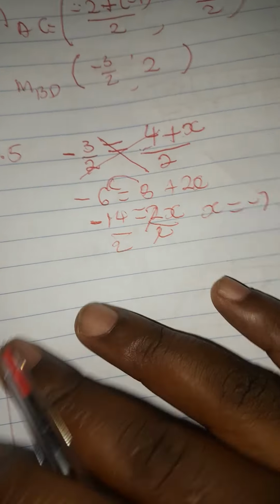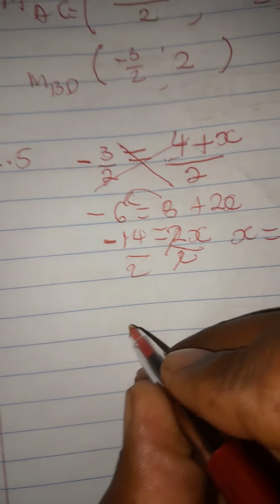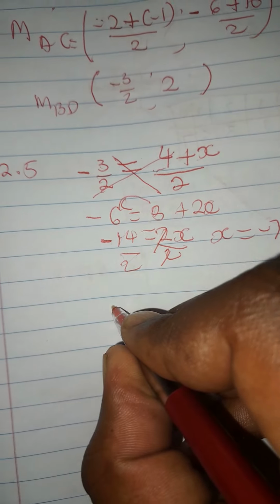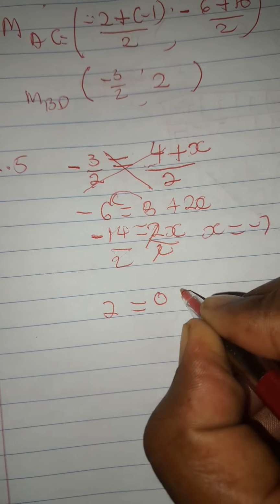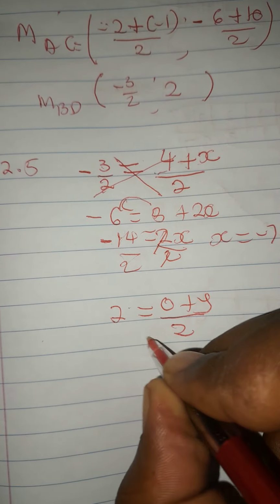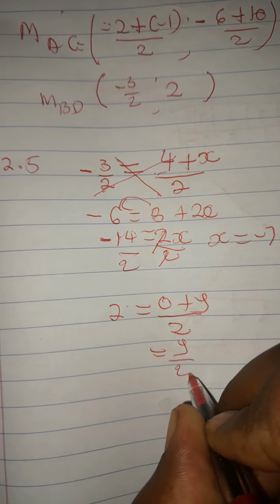So to get y, we'll do the same process. We'll take now 0 and the y value of the midpoint as well as this missing y value. Okay, so let's do it. We have 2, which will be equal to 0 plus y divided by 2. To make things simpler, 0 plus y is the same as y, divided by 2.